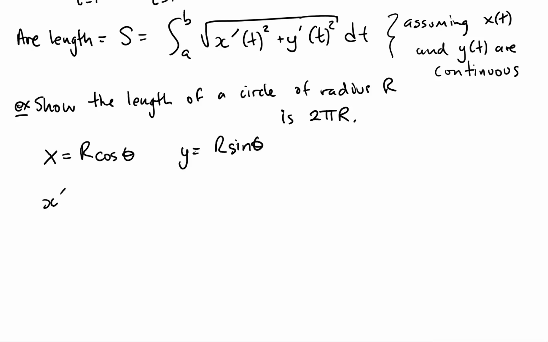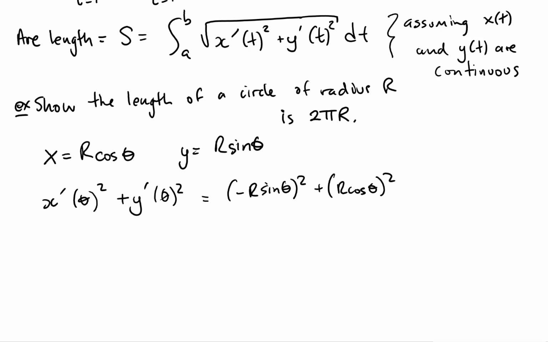So we're going to take the derivative of these two pieces and square them. So negative r sine theta squared plus r cosine theta squared. And so that'll be r squared times sine squared theta plus cos squared theta, and so this just equals r squared.